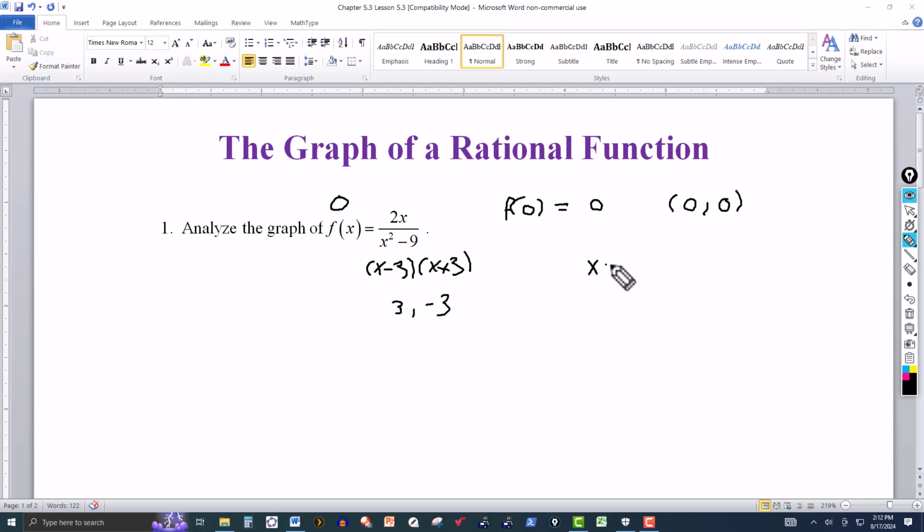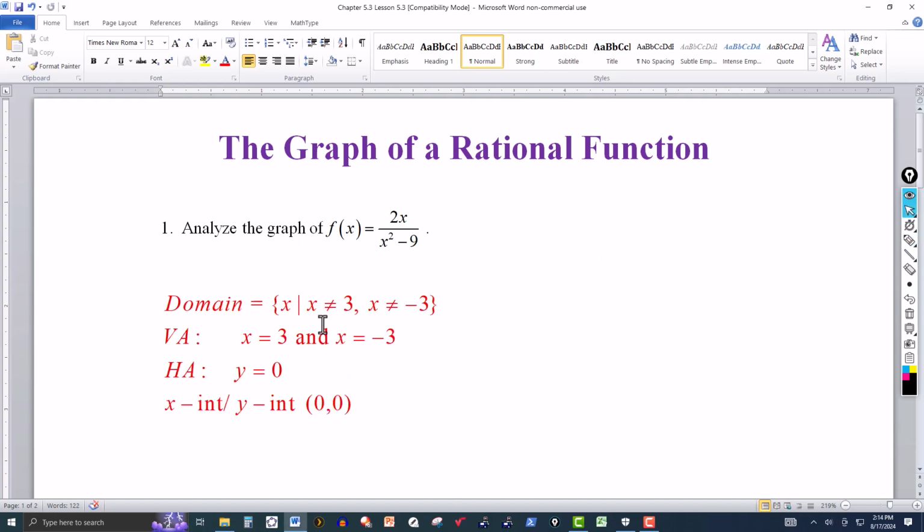So x equals 3 and x equals negative 3 represent the equations of the vertical asymptotes. Now if you have a rational function where the degree of the numerator is less than the degree of the denominator, which is the case here, this has degree 1 because of the x, and 2 over here because of the x squared, then the horizontal asymptote is y equals 0.